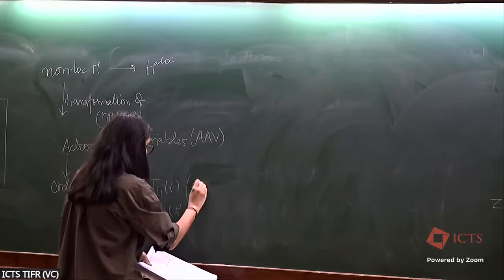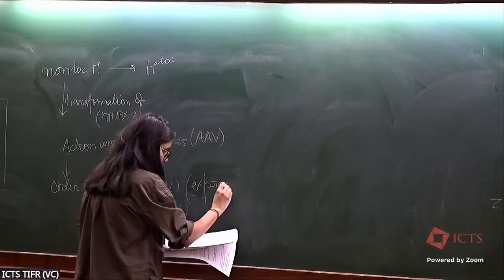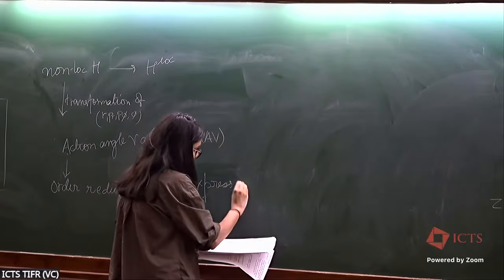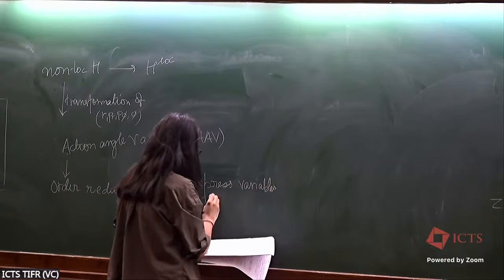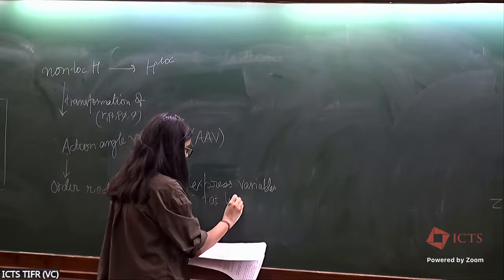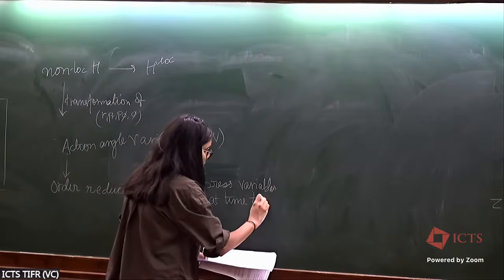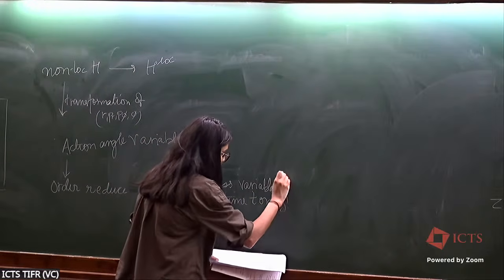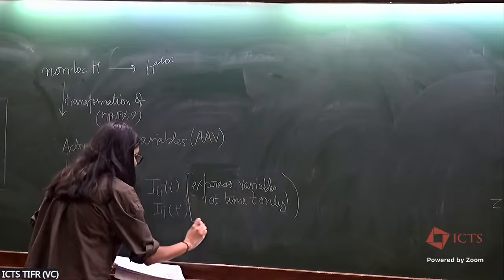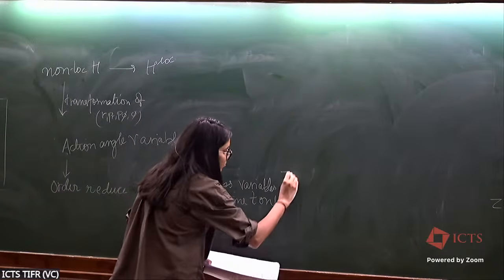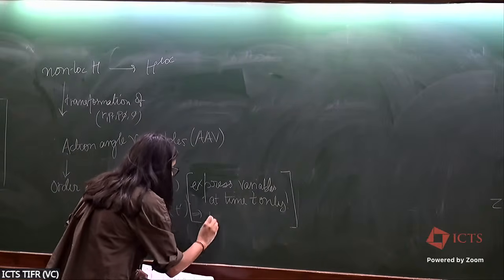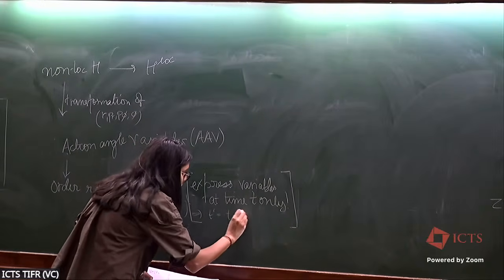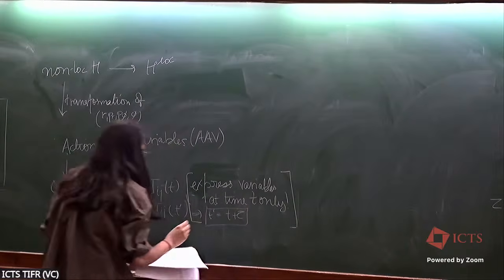The basic idea is to express variables at time t only, which implies t prime is t plus tau, kind of a reduction.